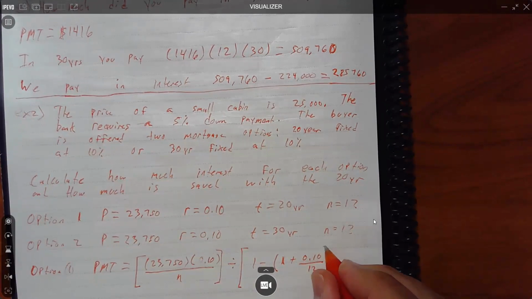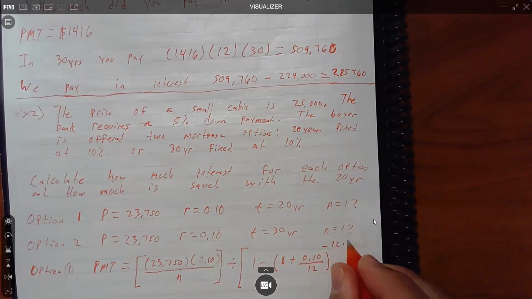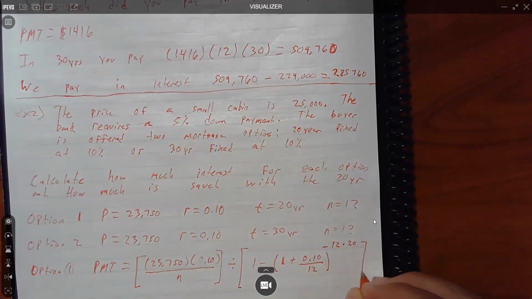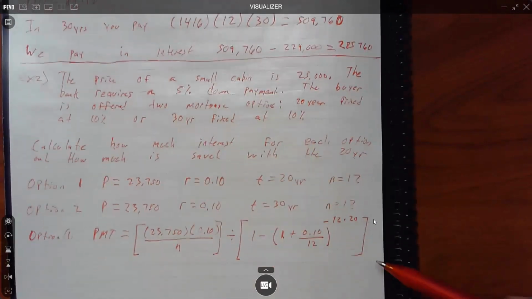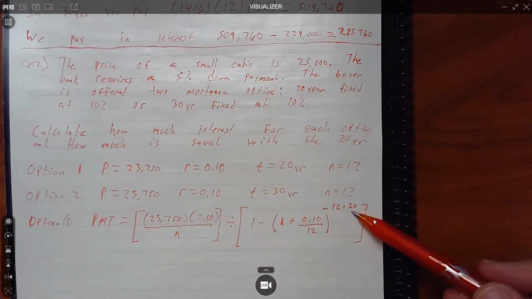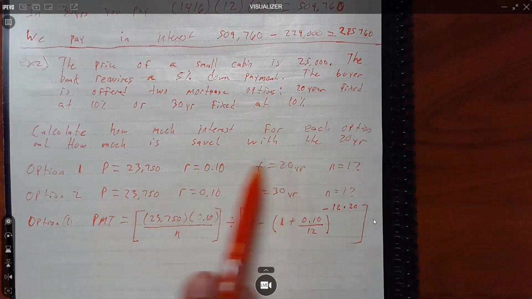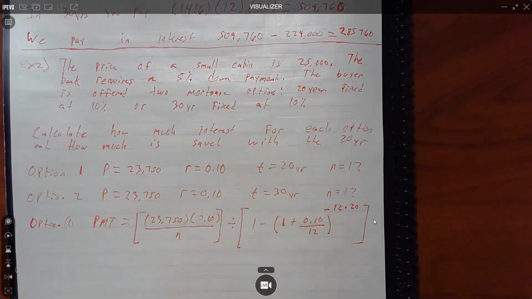So negative 12 times 20. We're going to do the exact same formula twice, just change that 20 because everything else is the same, right? So what is that going to give us for payment?